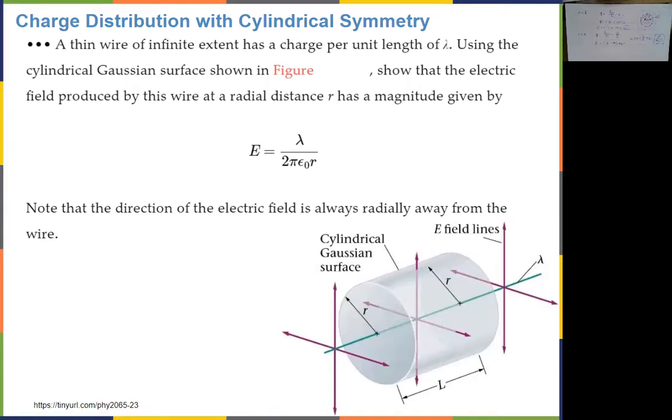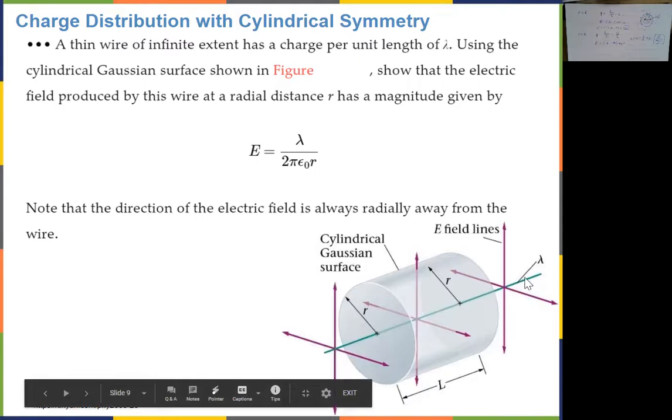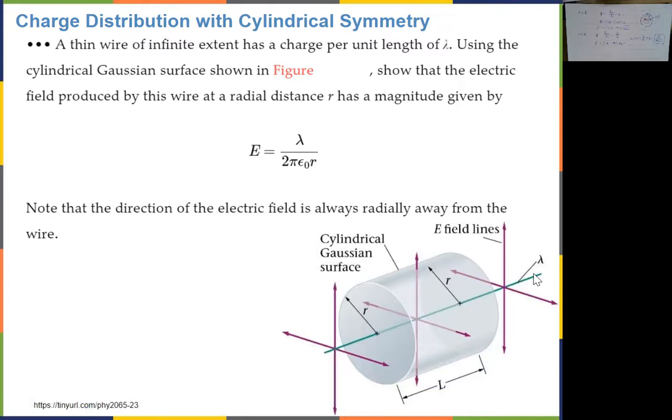So next we are going to check a couple of other charge distributions and see how we can determine the electric field by applying Gauss's law. This one says you have a thin wire of infinite extent with a charge per unit length of lambda. So the line charge density is the green line here. It has lambda as the charge, and it says to use a cylindrical Gaussian surface.